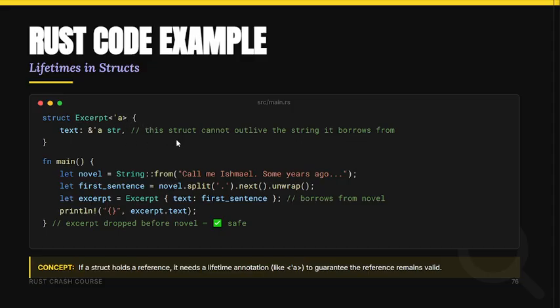Excerpt goes out of scope before novel. The compiler verifies this. Here's a new concept: if a struct holds a reference, annotate it with a lifetime like this to guarantee the reference remains valid.